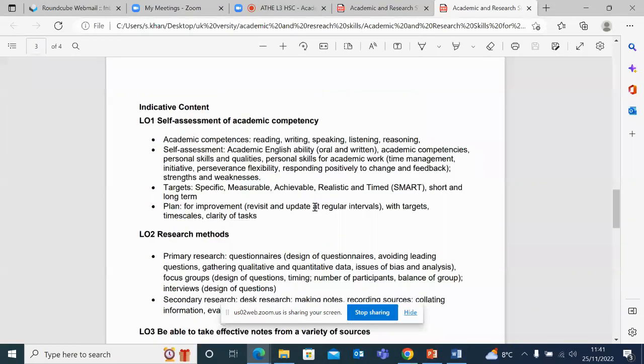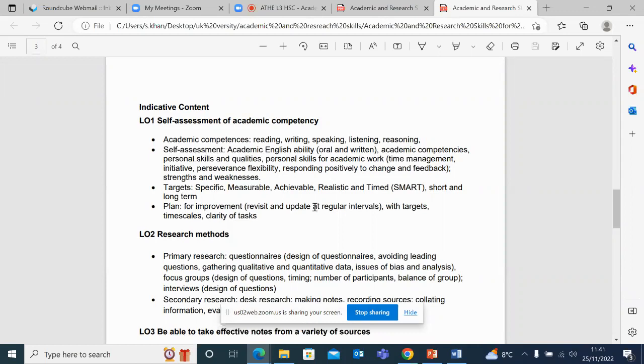Okay. So the indicative content is that each week we're going to do a learning outcome, and when we do the learning outcomes, I'll go through each one with you. The first learning outcome, which we're doing today, is self-assessment of academic competencies. Academic competencies mean things like reading, writing, speaking, listening, reasoning.